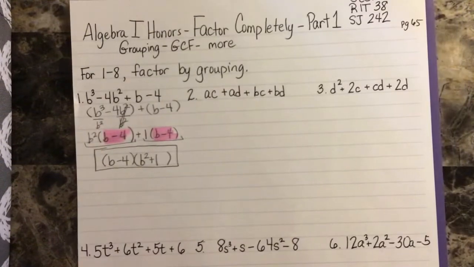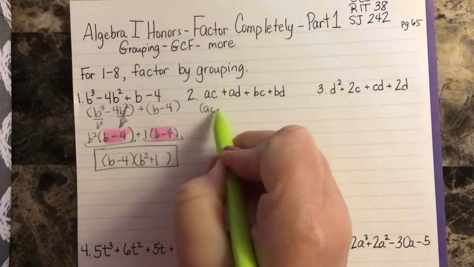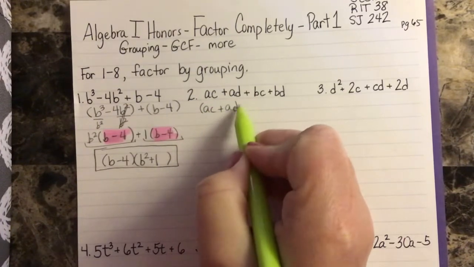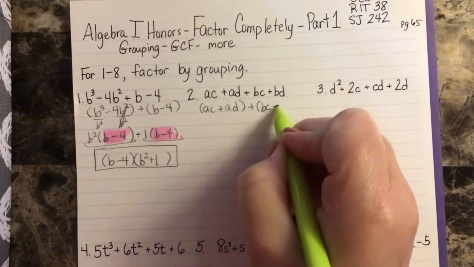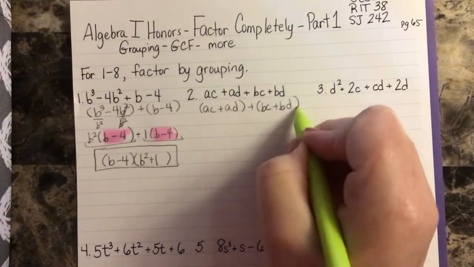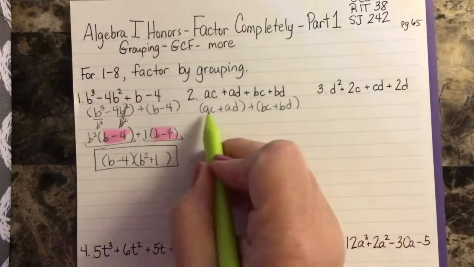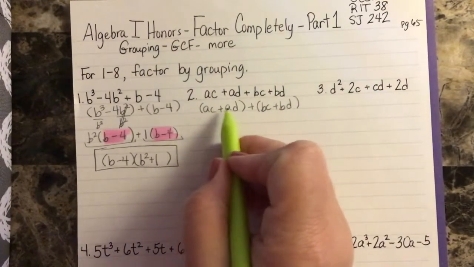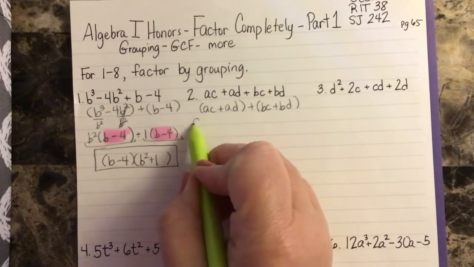Moving on to number 2, I'm going to group the first 2 terms together. I can remember being in 9th grade and doing these problems and thinking how difficult these were. So I hope at some point you'll think, oh, this isn't too bad. As I look at this first group, I notice that this first group has a in common.